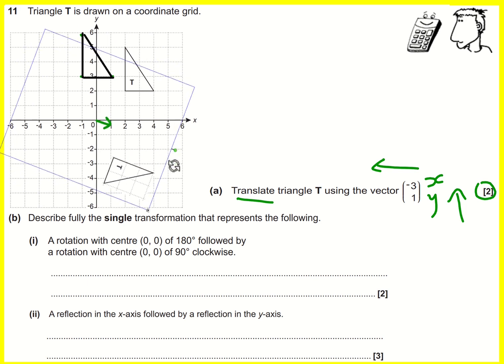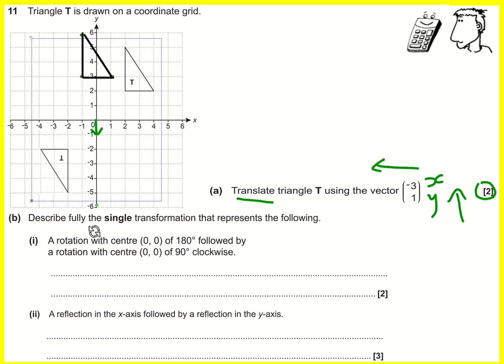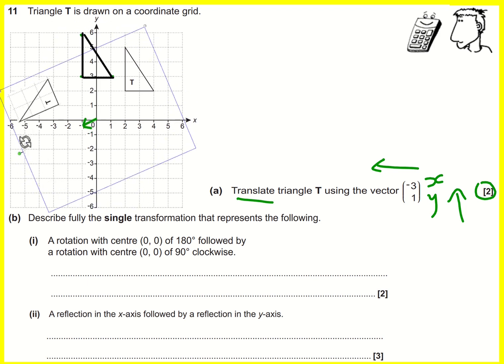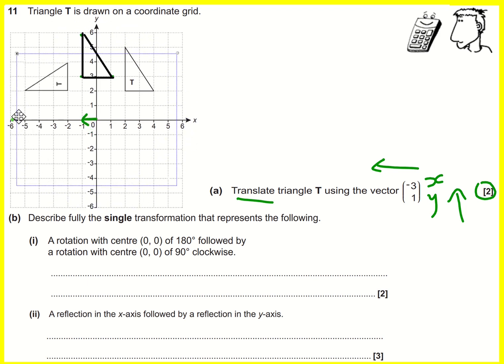I can keep going. Now that is 180 degrees. So I've got it done. I could draw this triangle right now, or I could just carry on. So now I want to do a rotation about the same point, 90 degrees clockwise. No, actually, all I need to do is keep going. So there we are. I've done these two transformations.